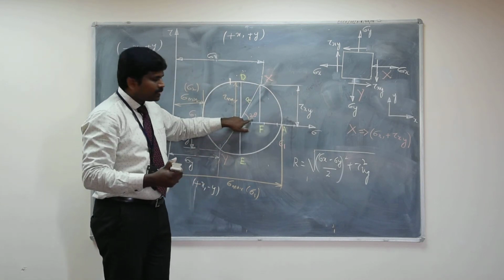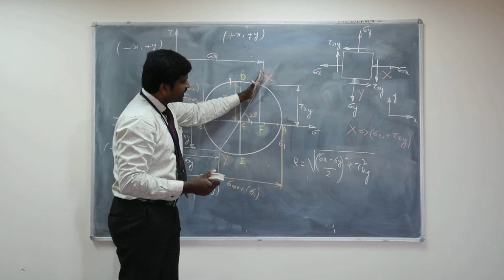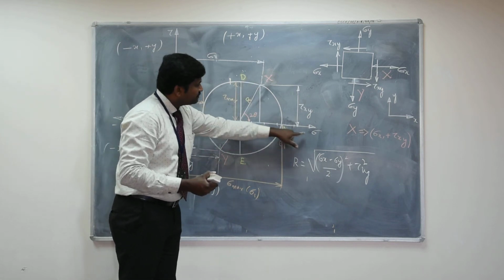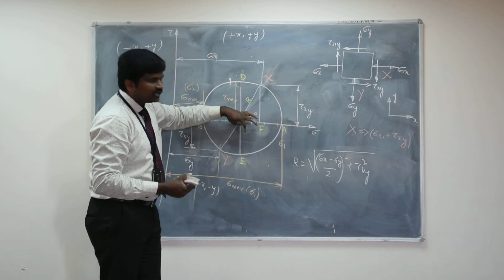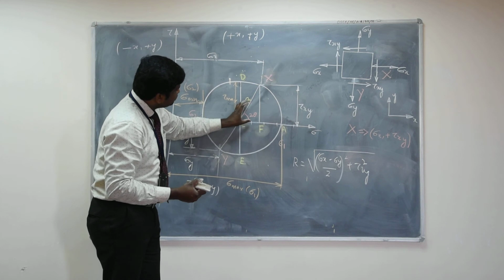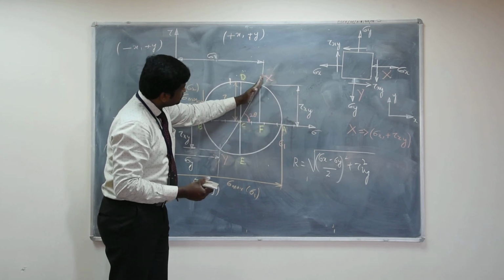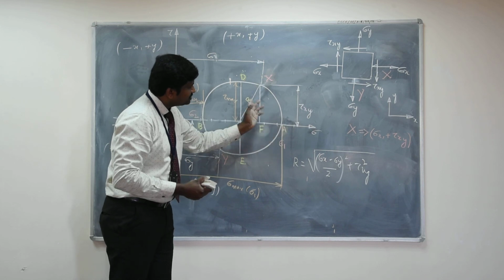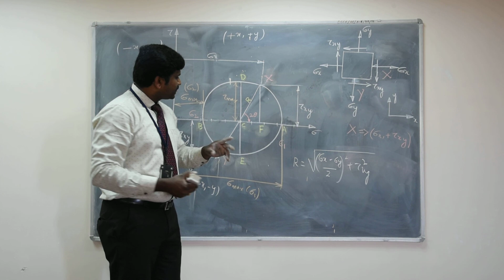This is 2 theta. The direction is the direction in which, if you rotate the plane x, it will merge with the sigma axis. Here I have written that direction, that is clockwise. If you rotate this plane x in the clockwise direction, it will merge with the sigma axis. That is the direction for the plane where your stresses will be maximum.